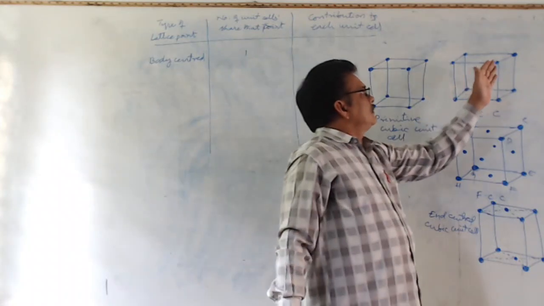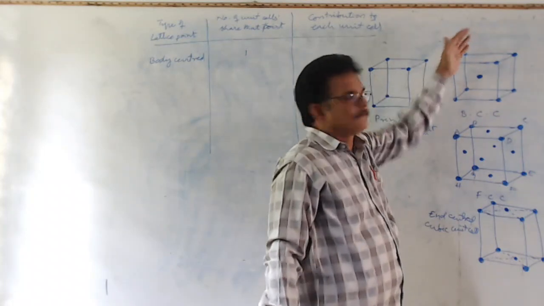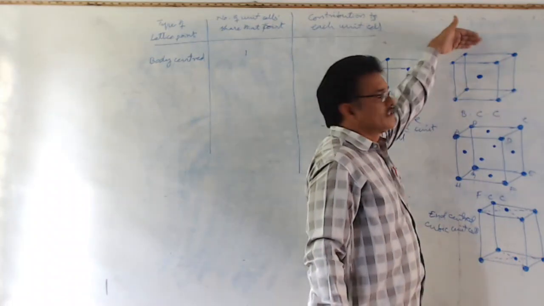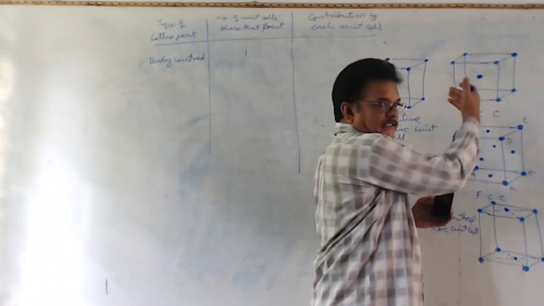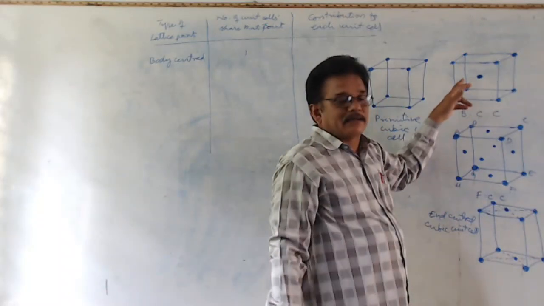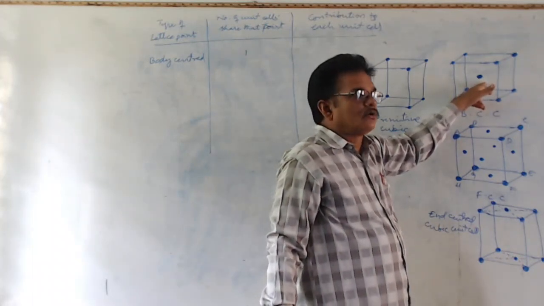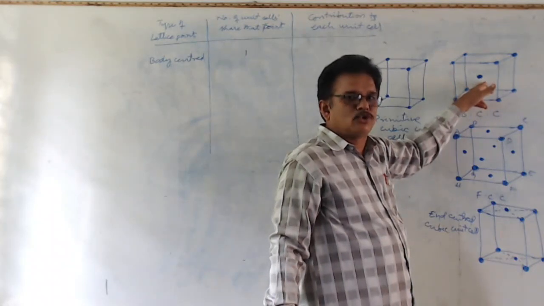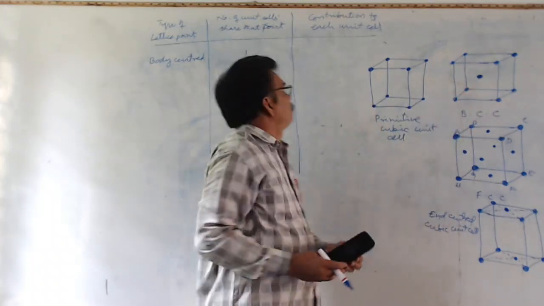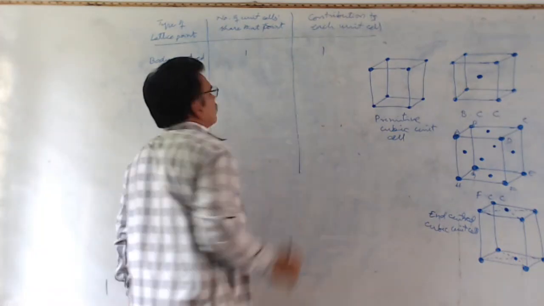If we assume that six unit cells come along six faces, along the x-axis 2 unit cells, along the y-axis 2 unit cells, and along the z-axis 2 unit cells, these 6 unit cells cannot be in contact with this body-centered point. So there will be no share of this point to the other unit cells, and it is shared by only one unit cell. So its contribution is 1.